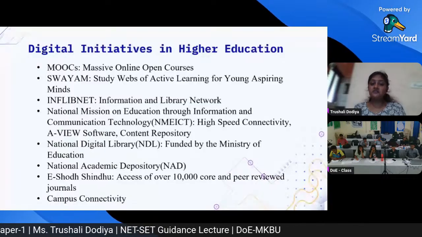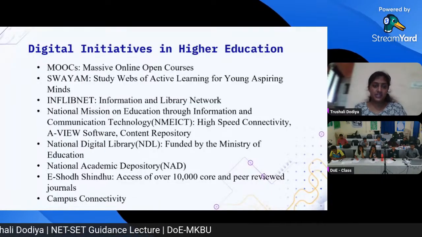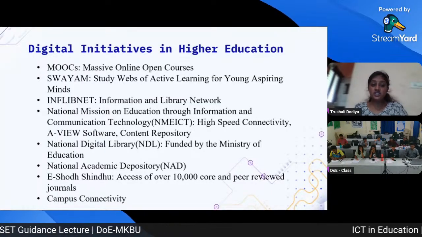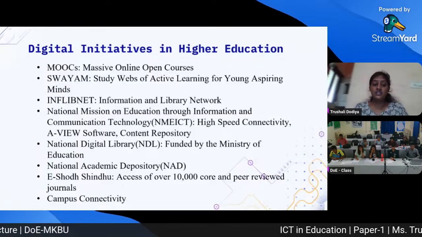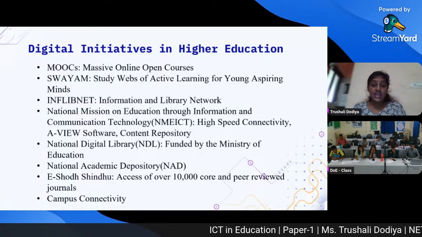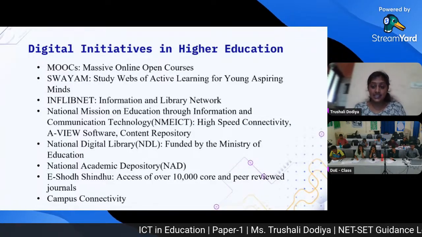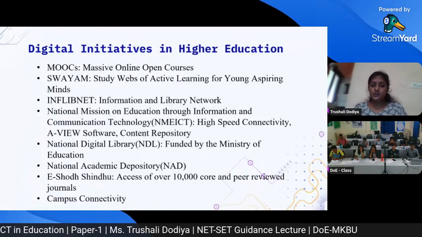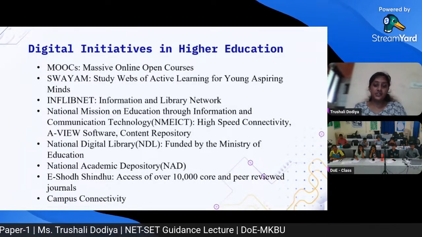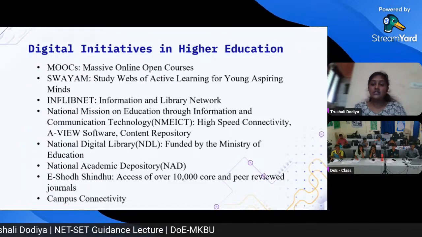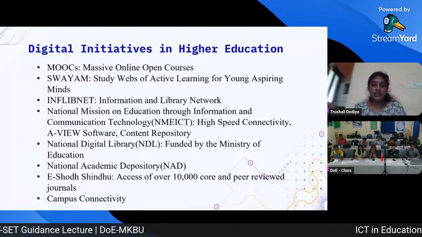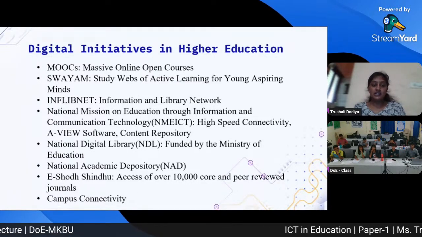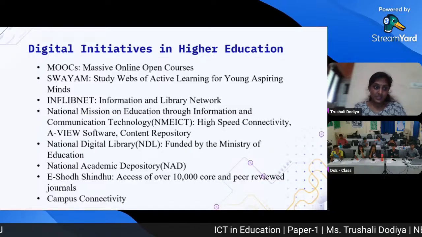INFLIBNET is the Information and Library Network. NMEICT, the National Mission on Education through Information and Communication Technology, offers high-speed connectivity, software, and a content repository, connecting students and teachers together on campus and in different localities.